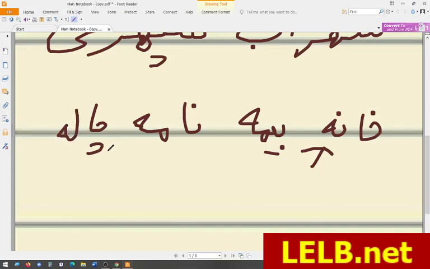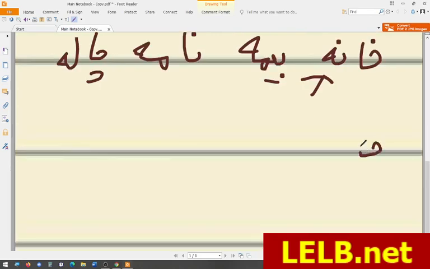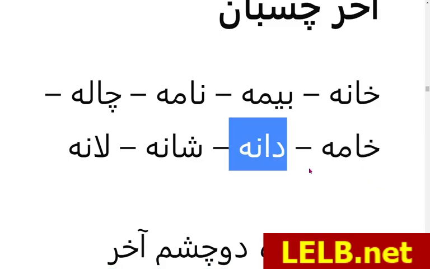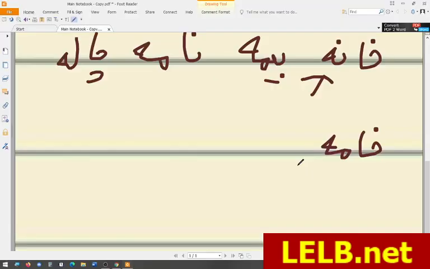And khameh means cream. For example, on top of your ice cream or something, something that you might eat as breakfast. Daneh means seed, SEED.